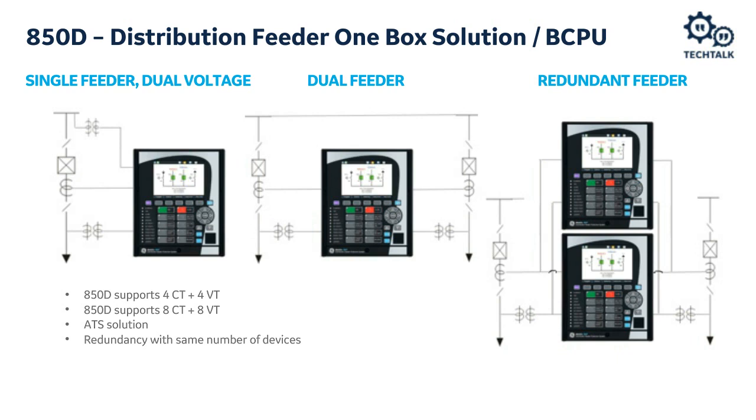But we can also do a dual feeder protection like I show in the middle. This relay has enough inputs to have CT inputs for 2 different breakers and enough voltage inputs for 2 different feeders.